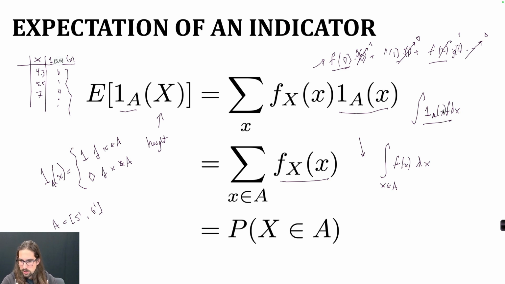I'll draw it like this. So you have this function. Here's f, and then you're multiplying it by the indicator of the set A. So here's the set A. This thing is 1 when we're inside of that set, and 0 otherwise.